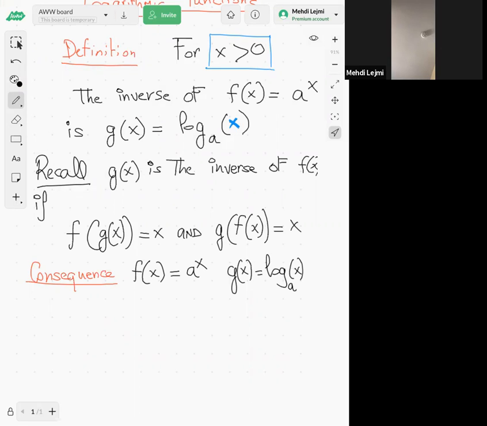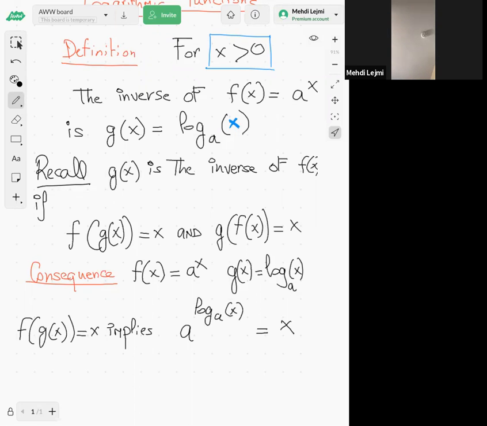That's my f and my g. And g, the log, is supposed to be the inverse of the exponential a to the x. So now, f of g of x is equal to x implies a to the power log in base a of x, which will be equal to x, okay?